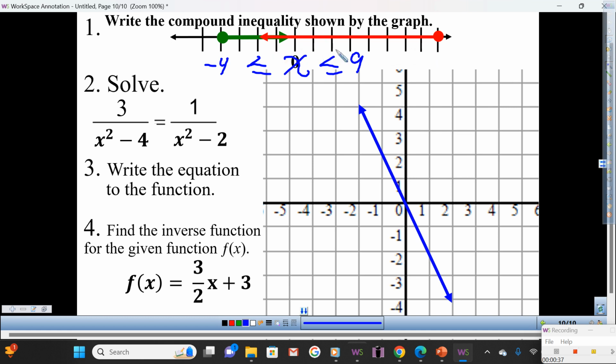Let's see. 1, 2, 3, 4, 5, 6, 7, 8. 8. Okay. Hands if you got that. All right. Tell your neighbor the interval notation for that. Courtney Jean, pass someone. Bracket. -4.